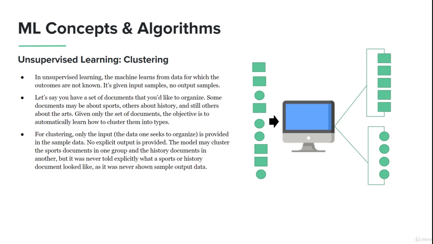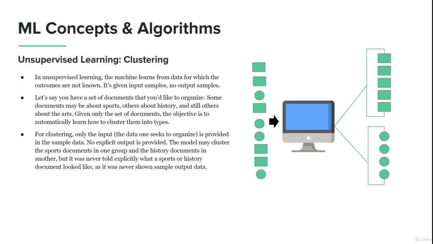The model may cluster the sports documents in one group and the history documents in another group, but it will never be told explicitly what a sports or history document looks like, as it was never shown sample output data, right? It's just going to be able to classify them based on whether they're a square or a circle, but it's not really looking at the actual data itself, right?